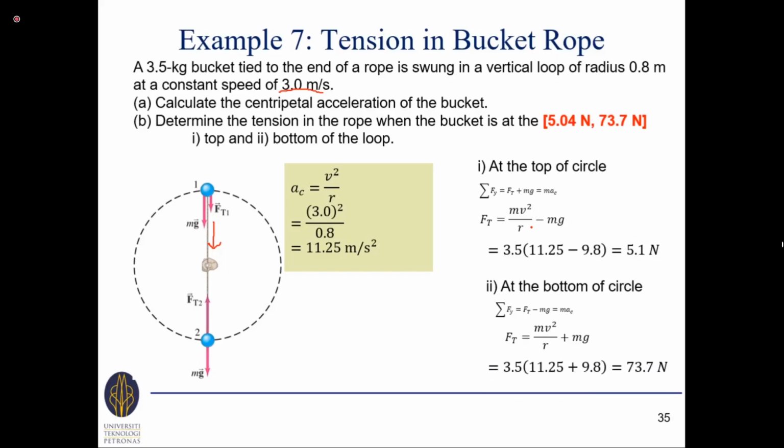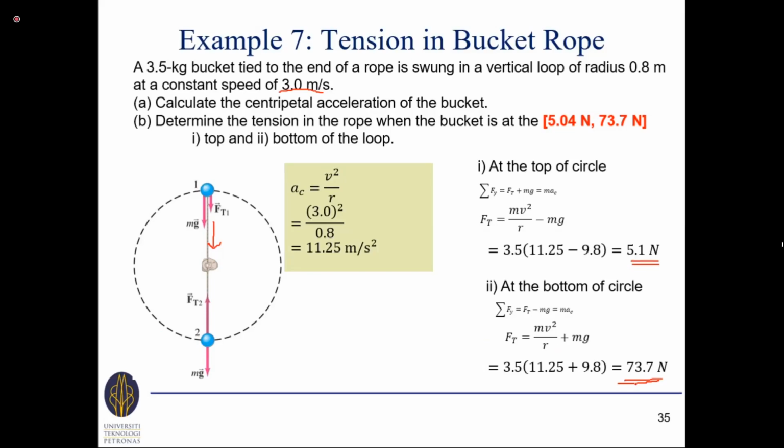With this, you will see that even though the speed is the same, the tension is different at the bottom and at the top. At the top part, the tension is only 5, but at the bottom, the tension is 73.7.